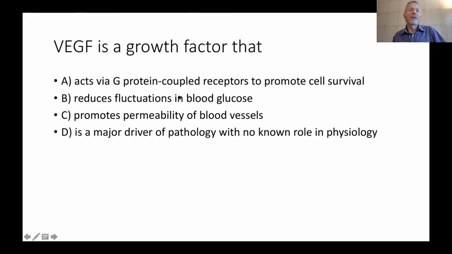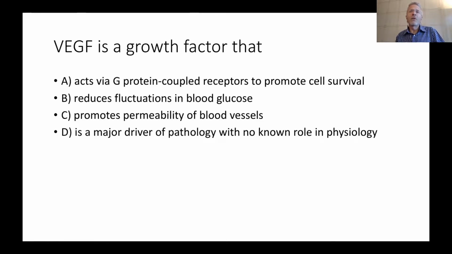We have not discussed it, but just FYI, if you make a mouse that is missing even one allele of VEGF, the mouse cannot make it through development. Typically, when genes are deleted in mice, you can delete one allele, and it's a problem only when both alleles are eliminated.